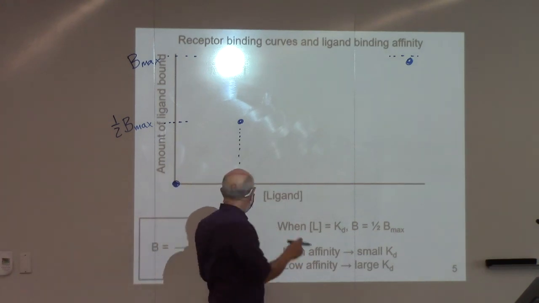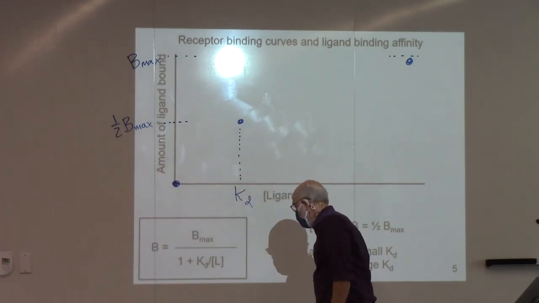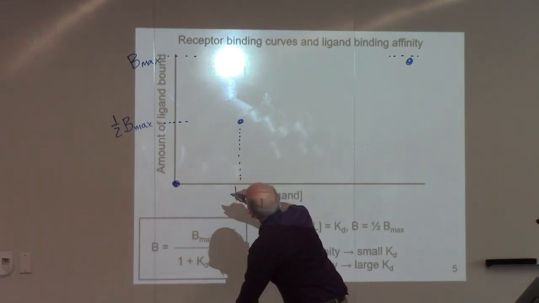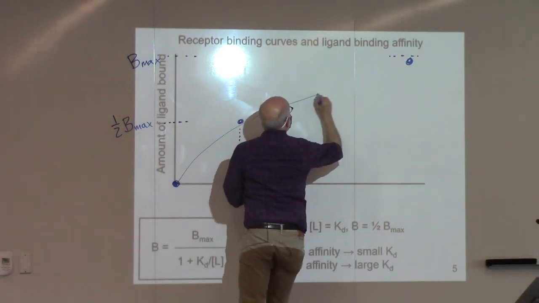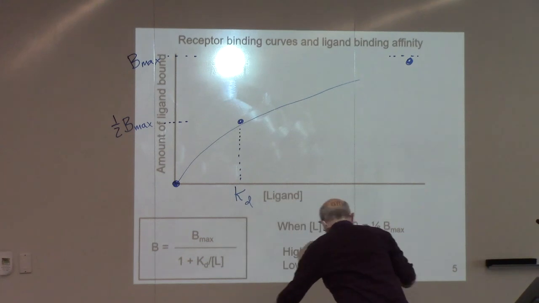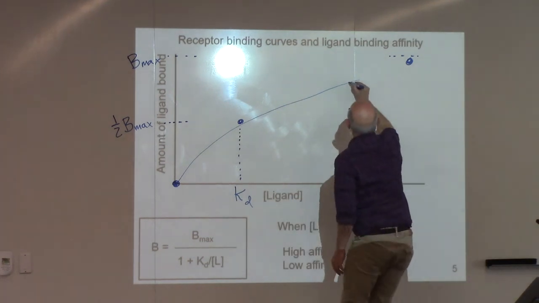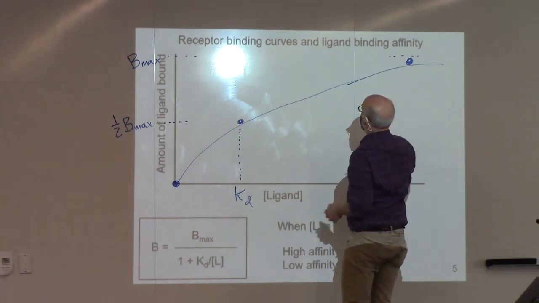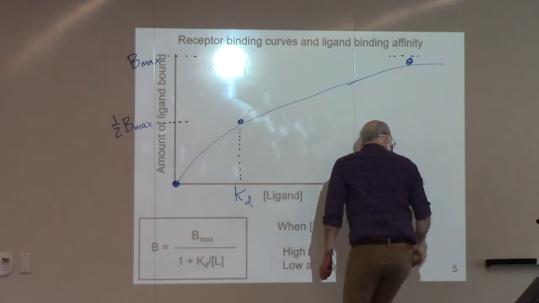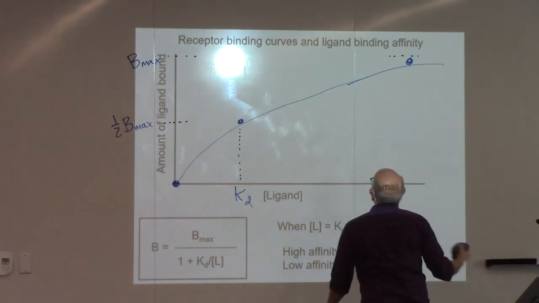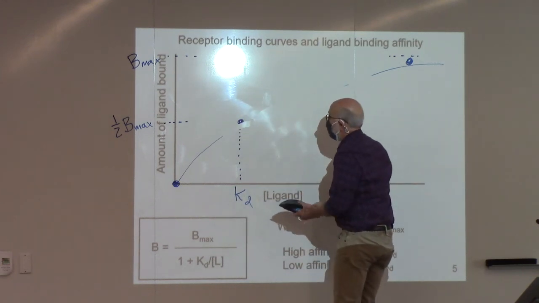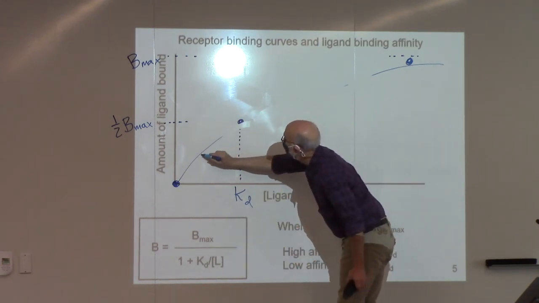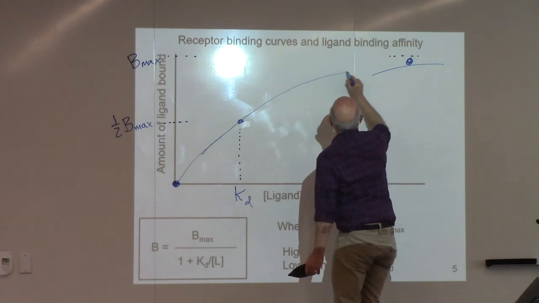And if you plot this equation, we now have 3 points, but if we plot this equation, we get a rectangular hyperbola. I can do better than that. Draw a hyperbola through the points.